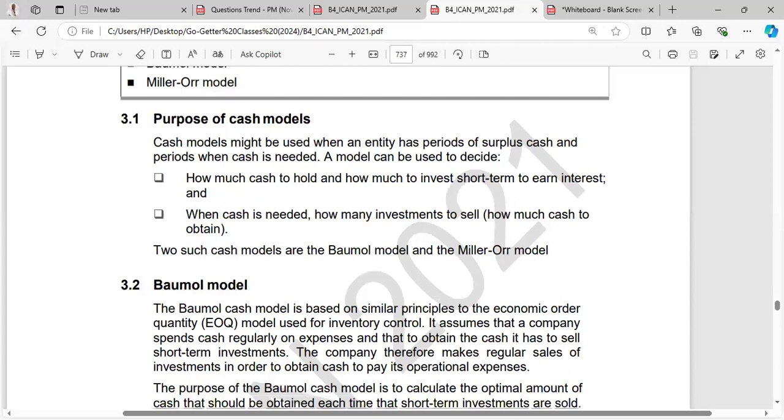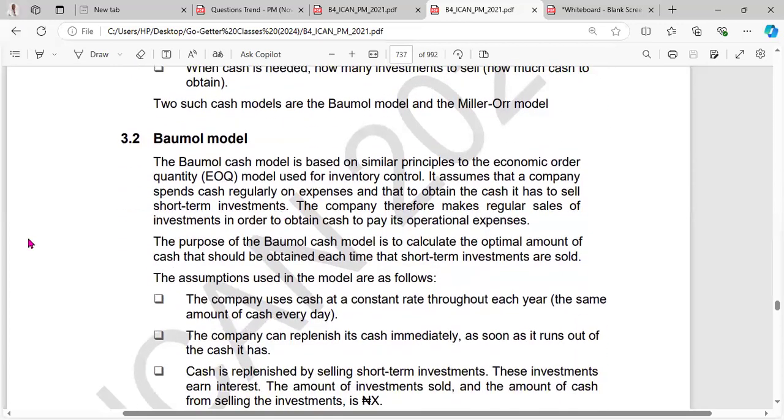The Baumol model. The Baumol model is similar to the EOQ. You know the EOQ? We need to adjust the EOQ for the Baumol model. So this is your EOQ, which is the square root of 2DCo all over Ch.